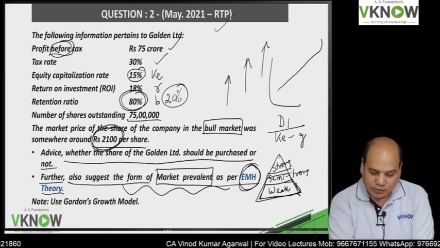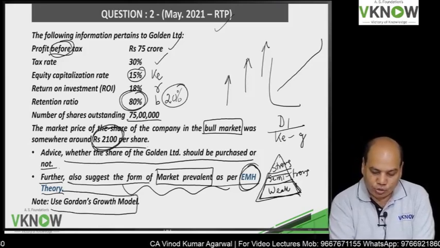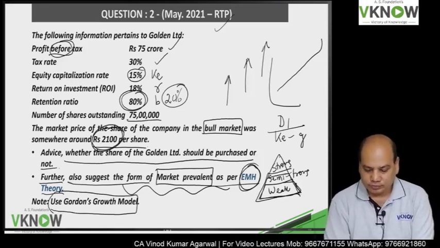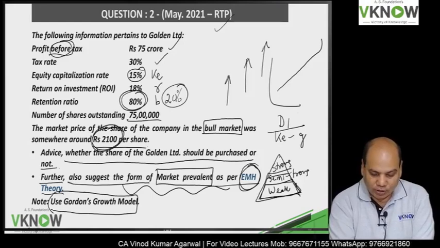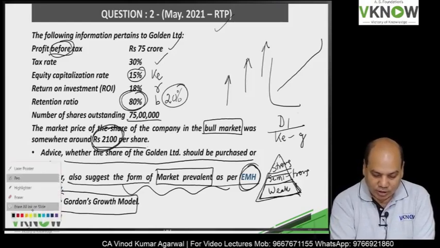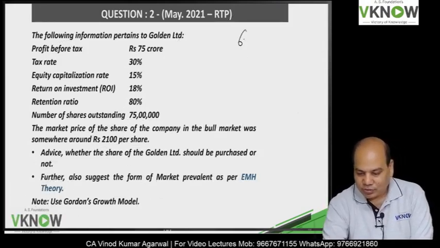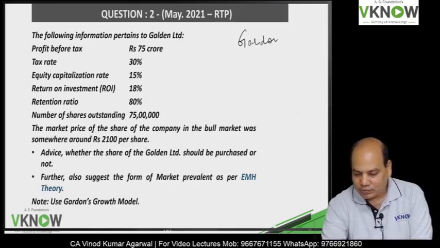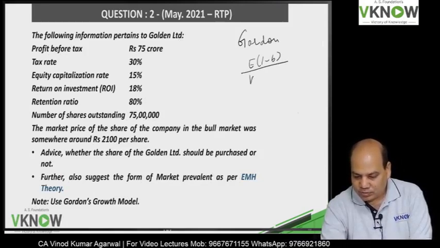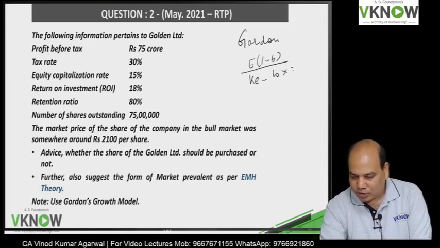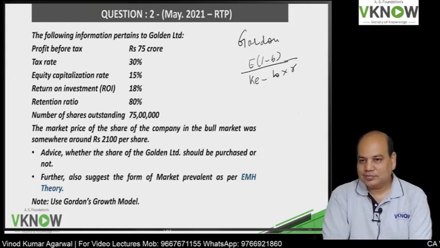So first they have given an instruction also, use Gordon's growth model. So go back to your happy, lucky intermediate days. Gordon model formula: E into 1 minus B upon K minus B into R. Do you remember this?